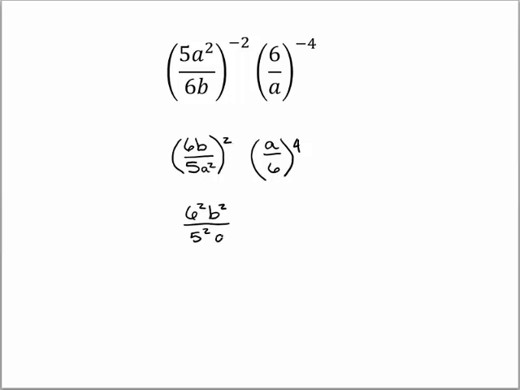Multiply them, right. So this will become a to the 4th. Don't let that trip you up. Okay, we're still multiplying. We've got a to the 4th over 6 to the 4th. Okay, we can simplify this. We have 4 a's here, and we have 4 a's there. That did a lot for us.